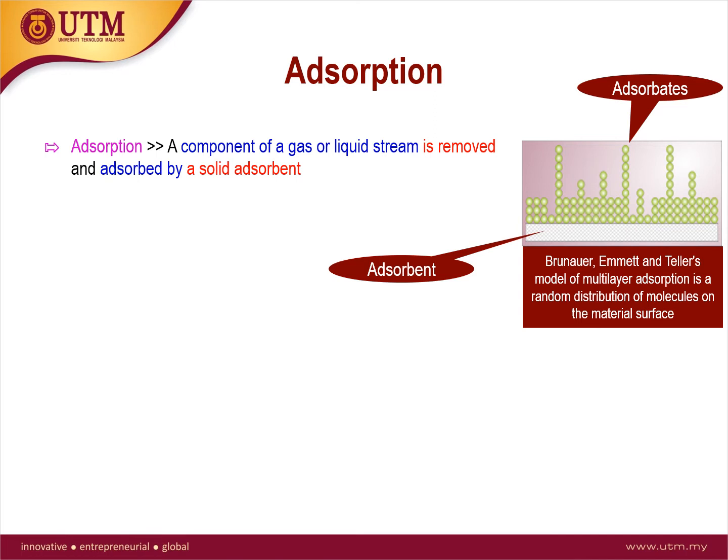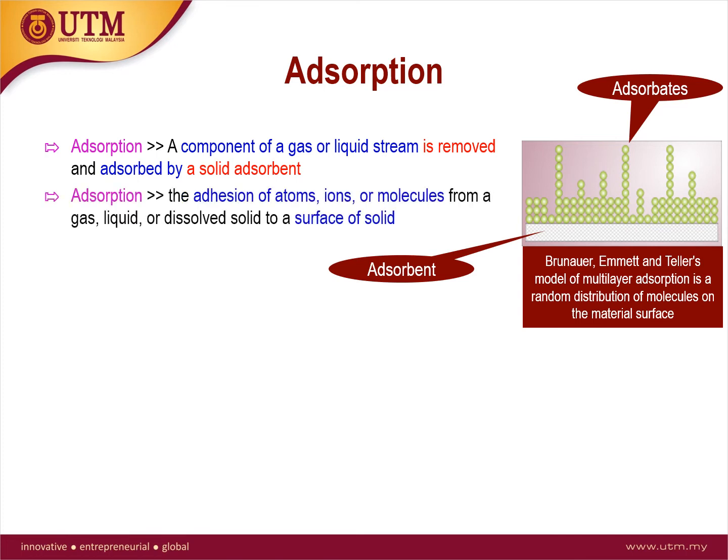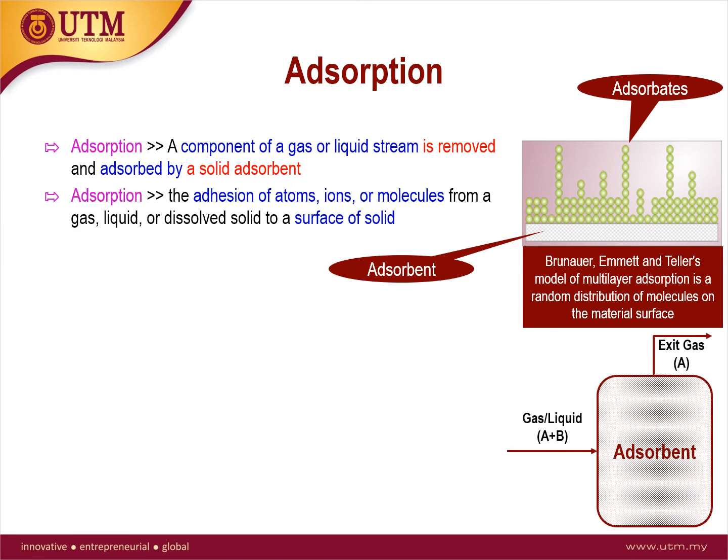The adsorbent is a material represented by the white strip at the bottom, whilst the adsorbate is composed of atoms, ions, or molecules that have high affinity to be trapped on the surface of the adsorbent. Based on this picture, adsorption can be defined as the addition of atoms, ions, or molecules from a gas, liquid, or dissolved solid to the surface of a solid.